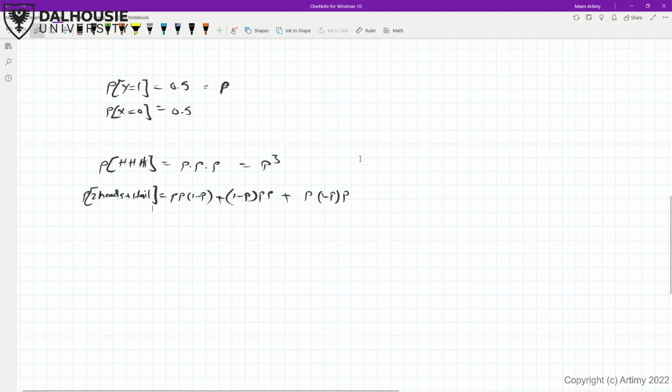If you look at all of these, you'll see that if we consider a head as a success and the tail as a failure, we had 2 successes and 1 failure. But that failure could happen at the end, in the beginning, or in the middle. For that, we'll use the notation that we discussed before, which is combinations.